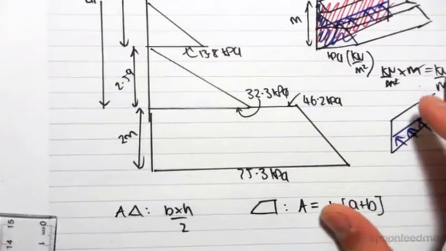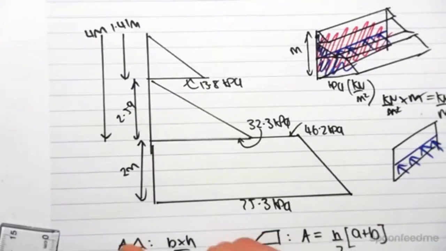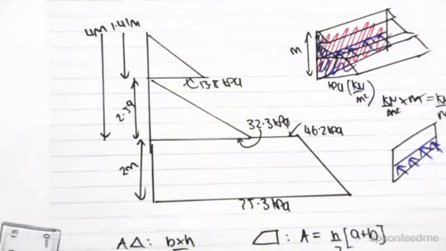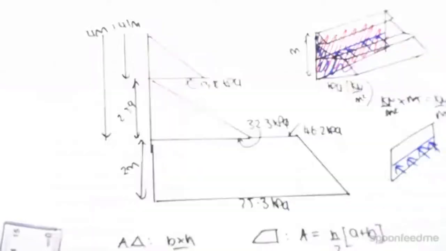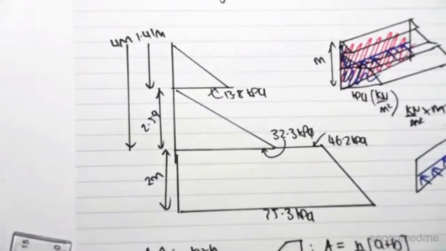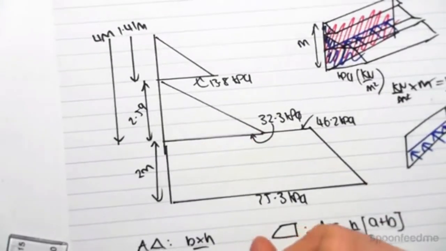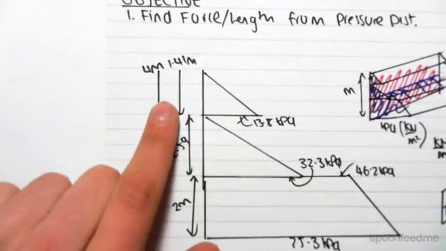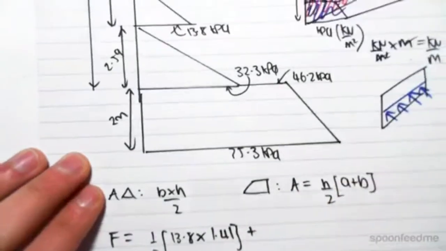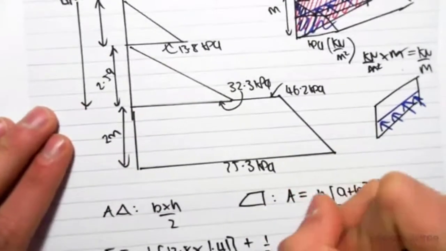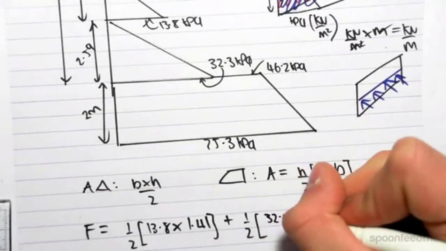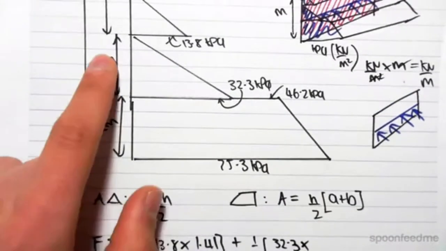Okay, so we're just going to go ahead and work out the total area now. We know that the force is going to equal this area, as we've already established. The area of our first triangle is equal to 1/2 times the base times the height. So the base is 13.8 multiplied by the height, which is 1.41, plus we have another triangle here. That's going to be 1/2 the base times the height. The base is 32.3, so 32.3 times the height, which is 2.59.